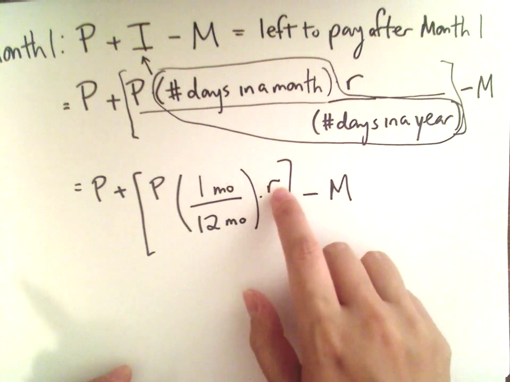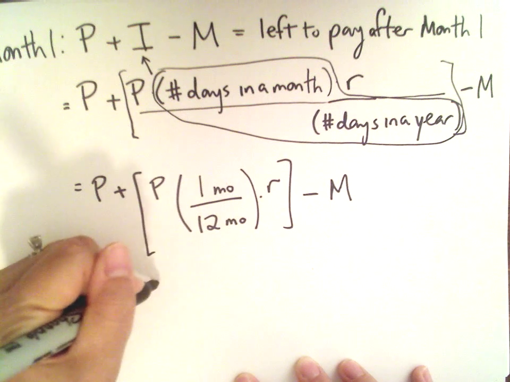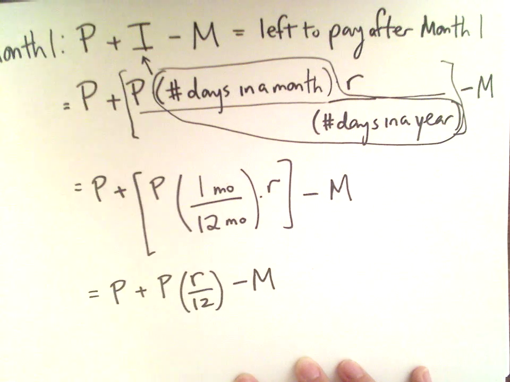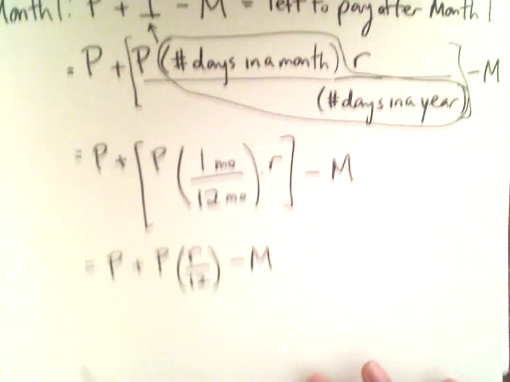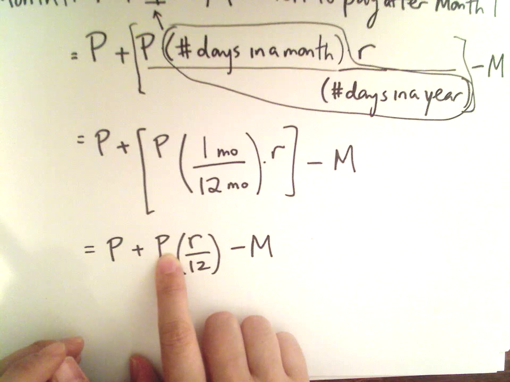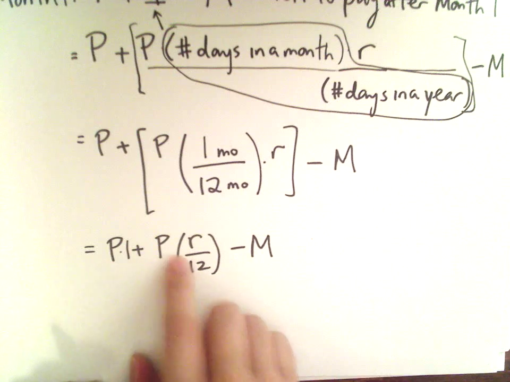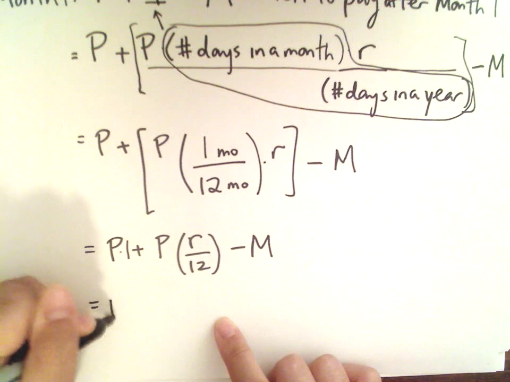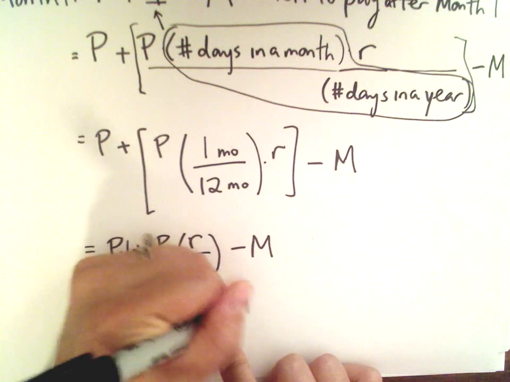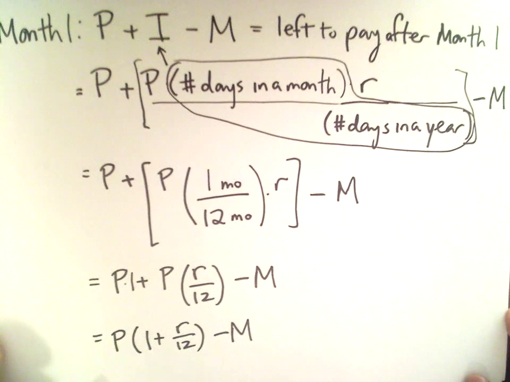Let's also multiply the R in here, and we can write P plus P times R over 12 minus M. At this stage, notice that there's a P here and here. So you can think of this as P times 1, and we can factor the P out and write P times 1 plus R over 12 minus M. That's about as simple as we can get with the formula for month 1.